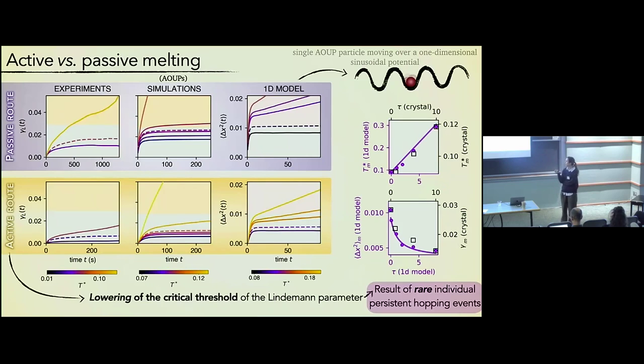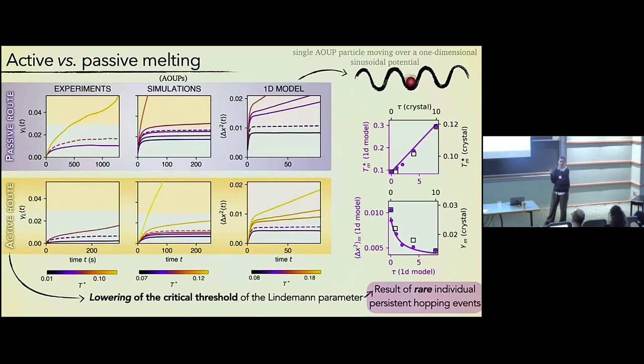Looking at the data and performing a bit of analysis, we saw that the melting temperature, the Lindemann criterion, again decreases as a result of rare individual persistent hopping events. This means that the fluctuations of the particles are damped when activity is increasing.